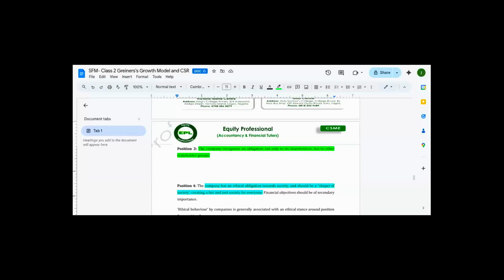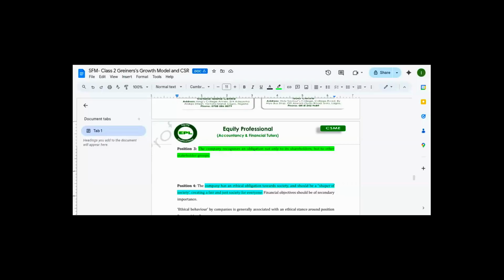So to ensure this compliance, a company needs an ethical culture, which we call ethical stance. It is when you put these things in place and you don't prioritize the interests of the shareholders alone that the company can have an acceptable ethical stance and compliance within the industry where they are operating without running into any problem.